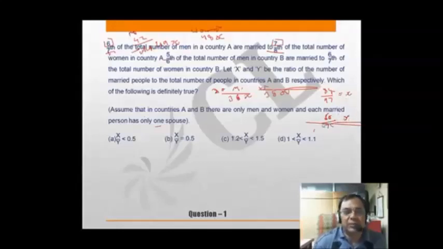Obviously this will be the answer, because 97 is around 15 less, that means 0.85 upon 0.8. This is 0.1, so the answer comes: it is less than 0.1. So this is the answer. This is a decent enough question.